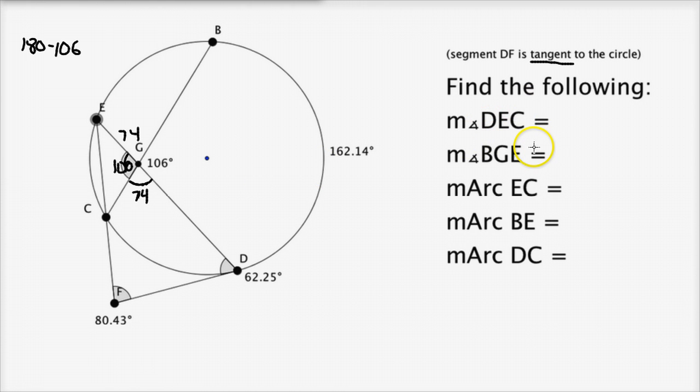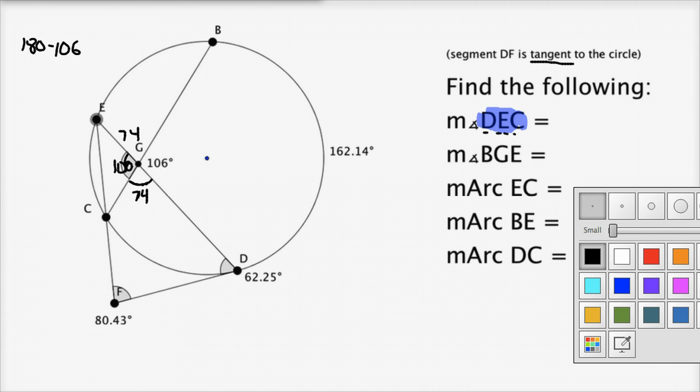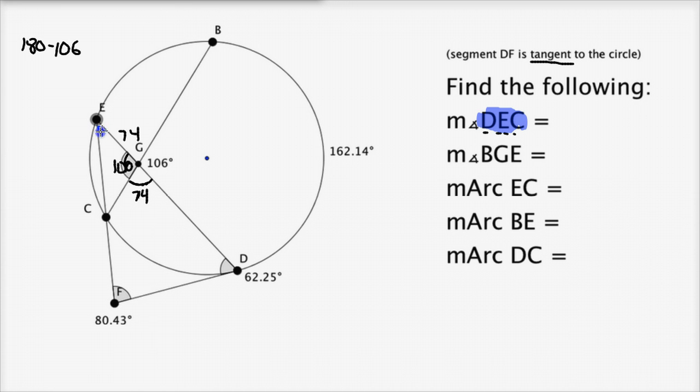How about DEC? Okay, to find the measure of angle DEC, I see that DEC, this angle here, let's put it in some highlights. So this blue angle right there is what it's asking for, DEC.